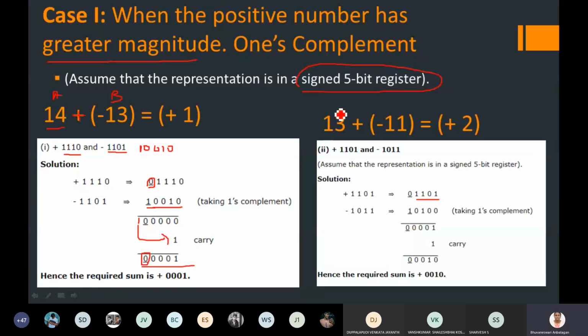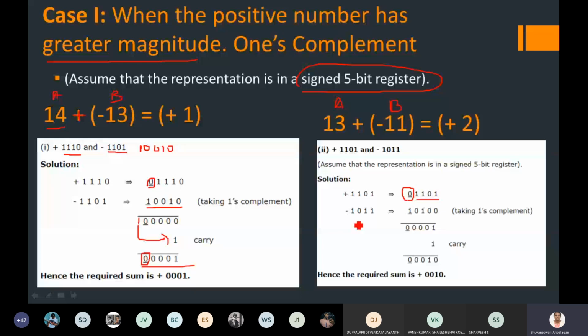Okay, so I have A as 13, B is going to be minus 11. So 13, the binary equivalent is 1101. The sign bit is going to be 0. Minus 1011, what do I have to take? I have to take the ones complement of it, 0, 1, 0, 0. Since it is a negative number, I am putting 1 here. So that is how I am getting this number.